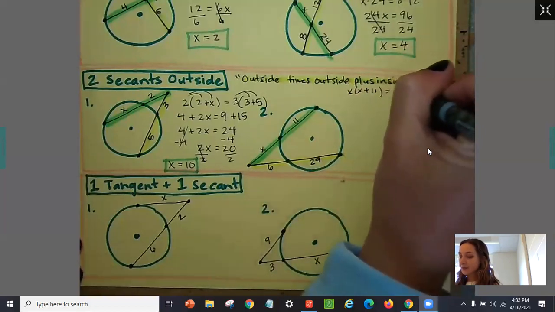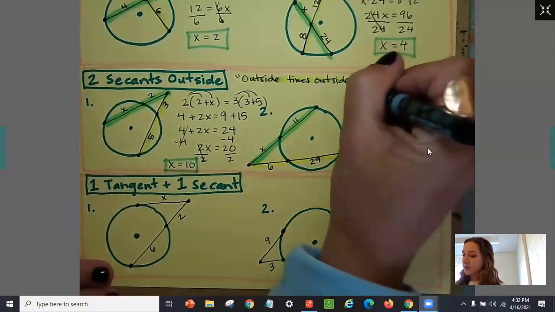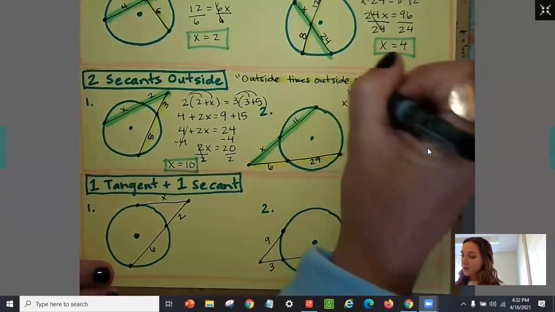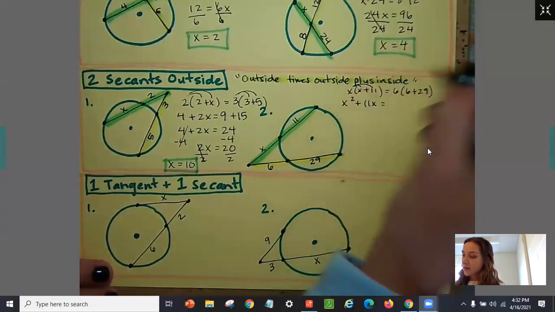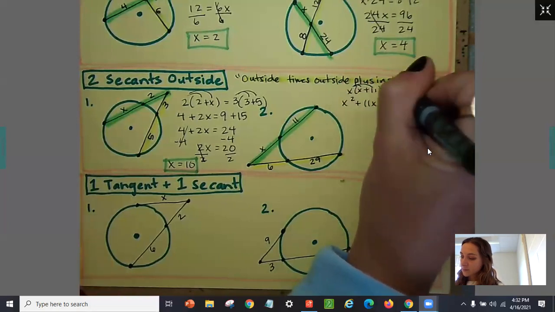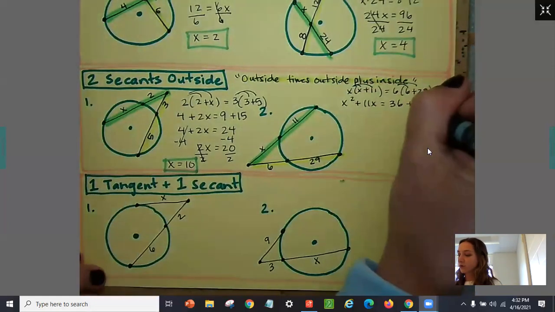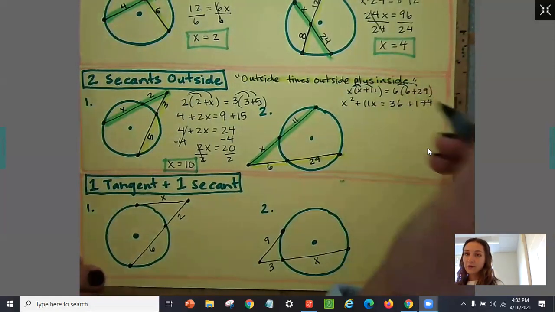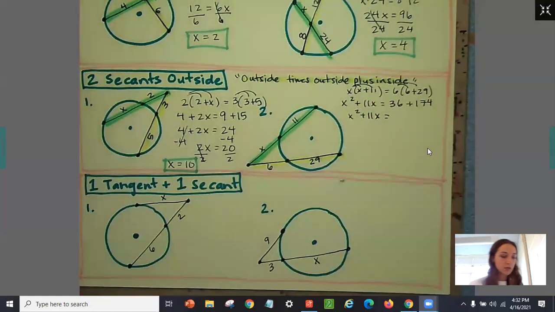So 6 times 6 plus 29. Okay, we're going to distribute. So x times x is x squared. x times 11 is 11x. And 6 times 6 is going to be 36. 6 times 29 is going to give us 174. Now we can add, so x squared plus 11x equals 36 plus 174, which is 210.